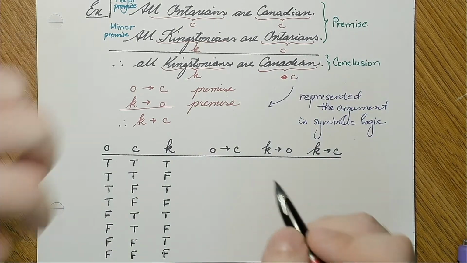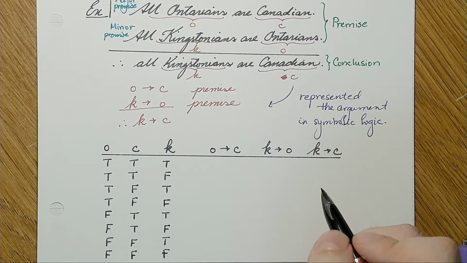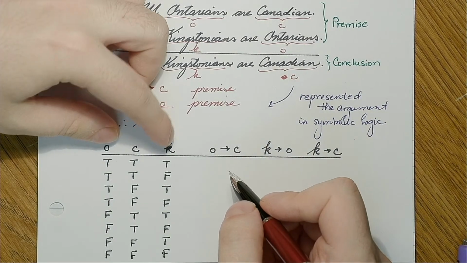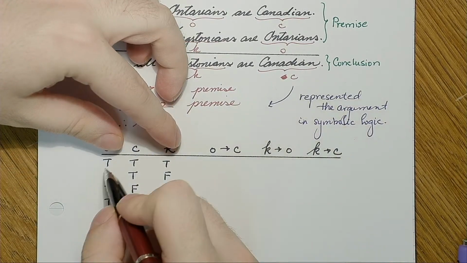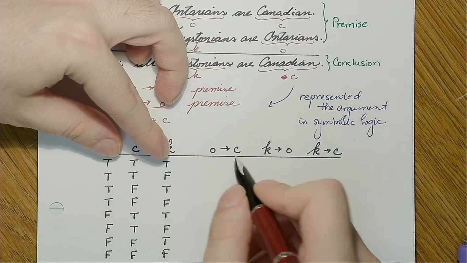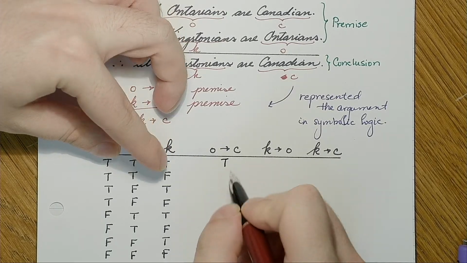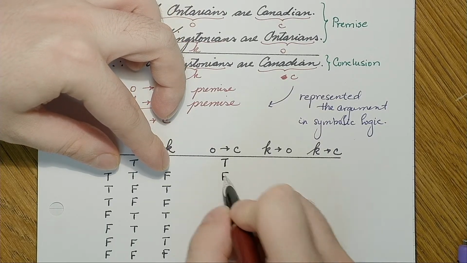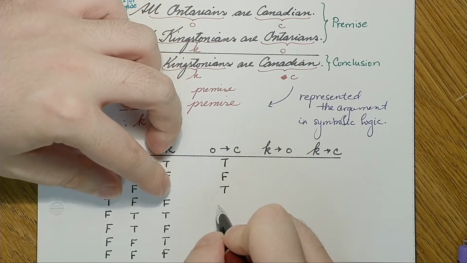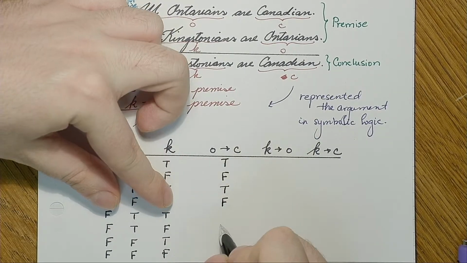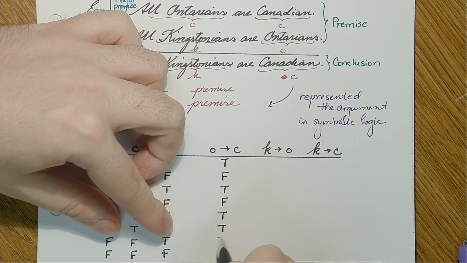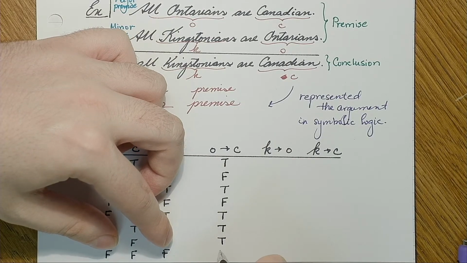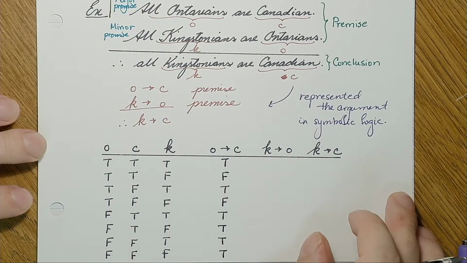Okay. And now we'll just fill these in. So O implies K. So with this, I stepped in poison ivy and I got a rash. This is true. This is false. True. False. True. True. True. And the last one, true. Okay.